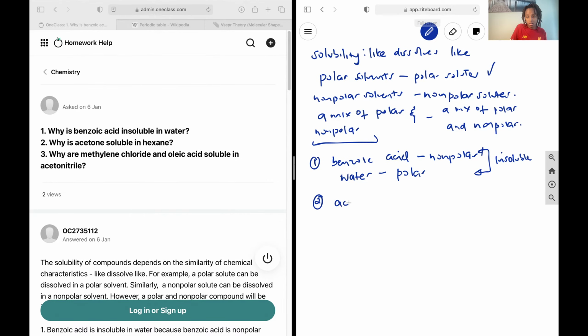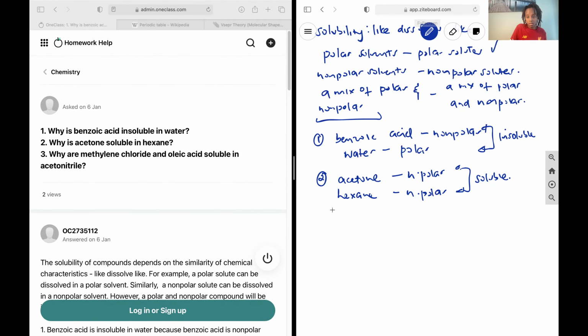Next up, we have acetone, and acetone is going to be nonpolar. And we have hexane. That is again nonpolar. And so we see these two are alike, and so we expect them to be soluble. And that's as we are told here.